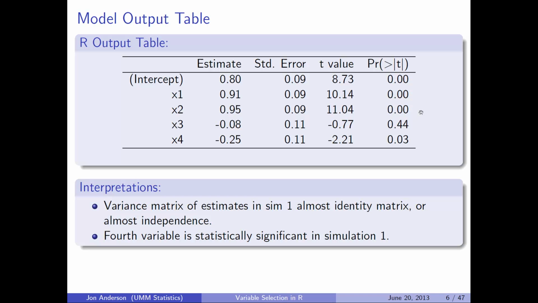The data is picking up the fact that those are really part of the data generating system. x3 has a beta coefficient that's right around 0, like it is supposed to, and it's not significant. However, accidentally, x4, which is an inactive term and isn't part of the data generating mechanism, is showing up as a significant predictor when in fact it really is not.